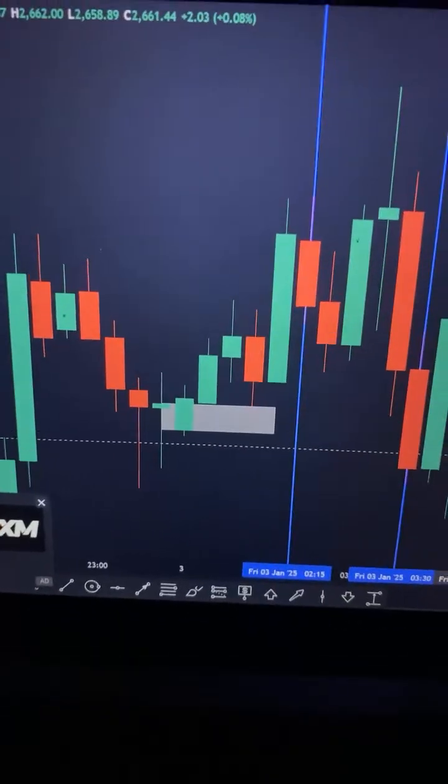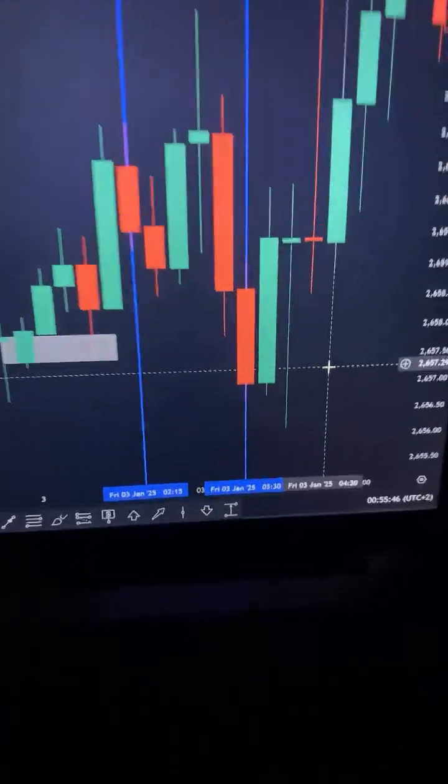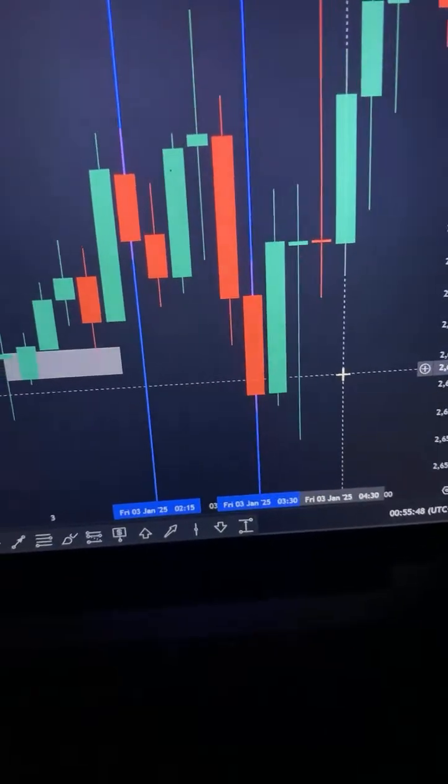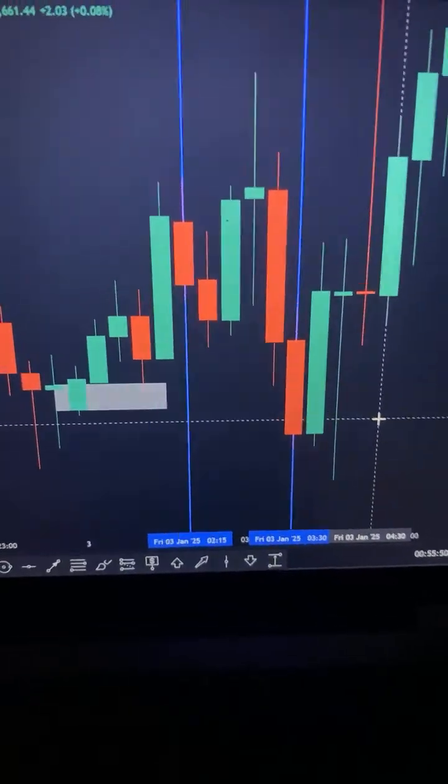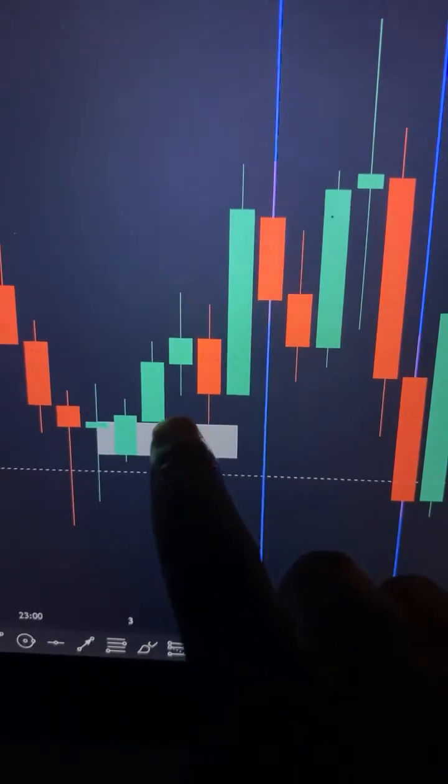So when we talk about a bearish Asian session, it would be when the price at 2:15 opens.